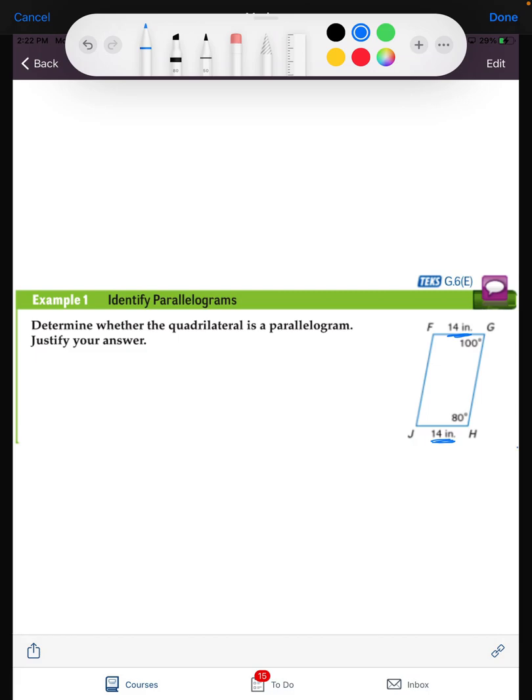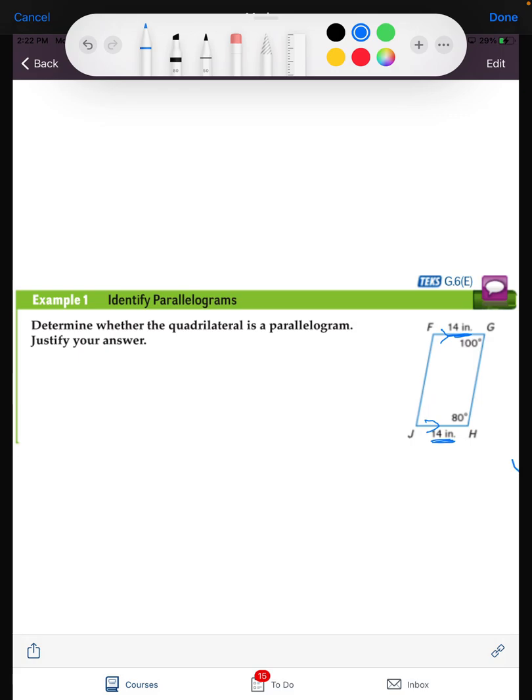Now let's see, because if we know that these two lines are parallel to each other, then that's enough information. Opposite sides are equal and parallel to each other to say that we have a parallelogram. So can we prove that FG and JH are parallel to each other? And the answer is yes.